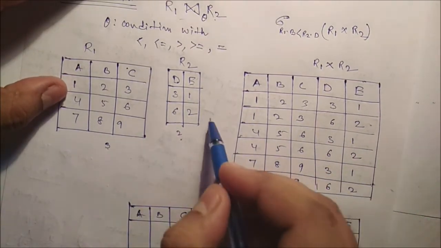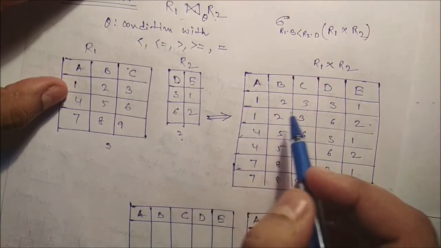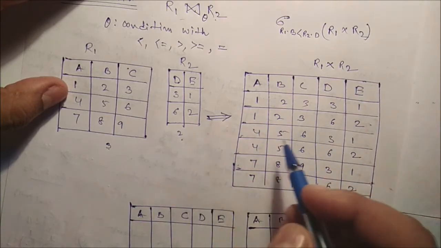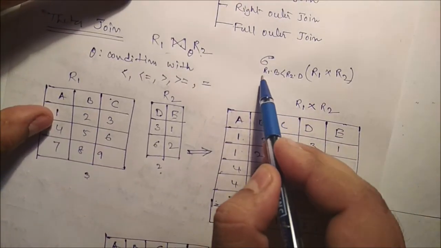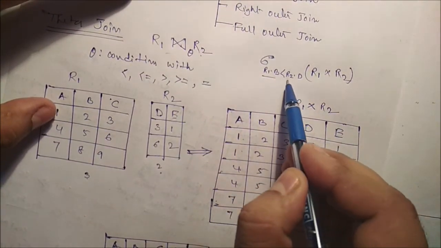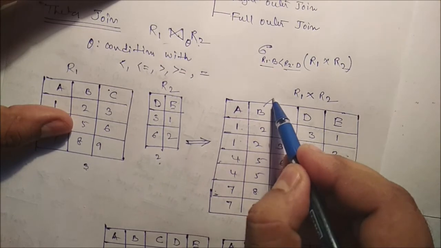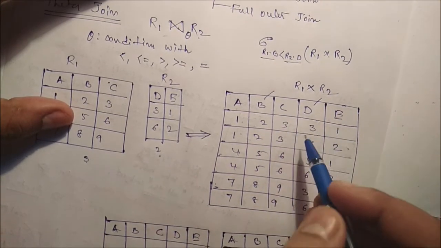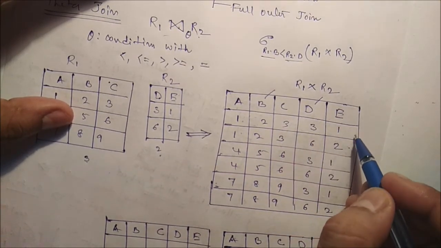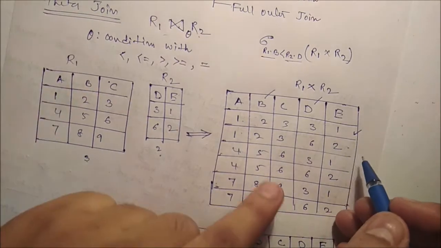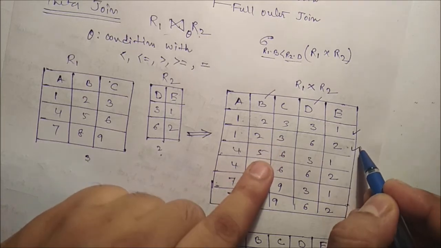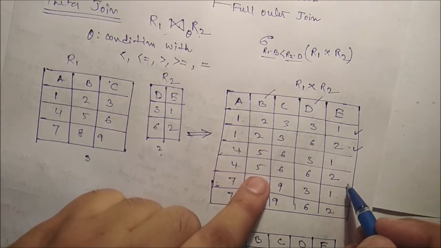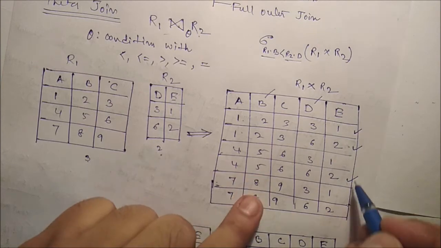So in the resultant table, the number of rows would be 6: 1, 2, 3, 4, 5, 6. And we need to select where R1.B is less than R2.D.